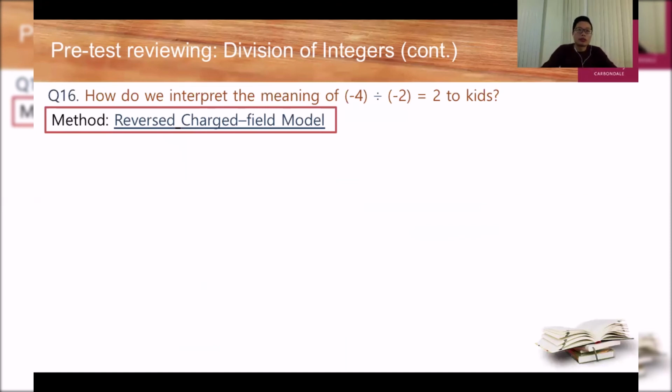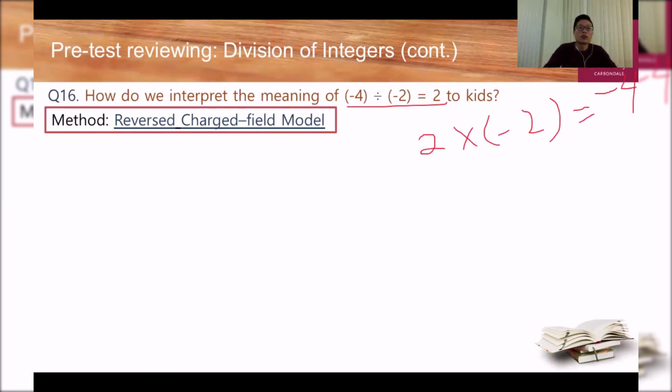So the question here is -4 divided by -2 is 2, right? So again, we reverse it. This equation can be reversed to 2 times -2 is -4, right?